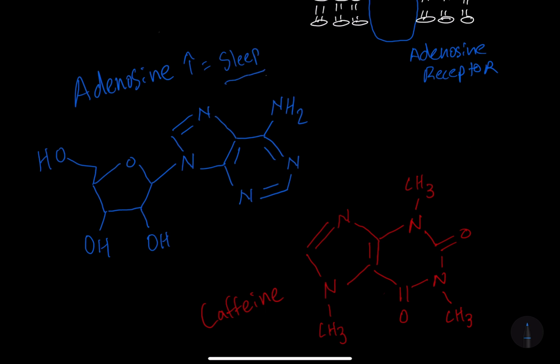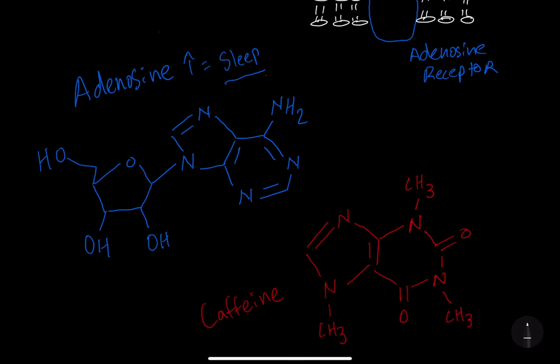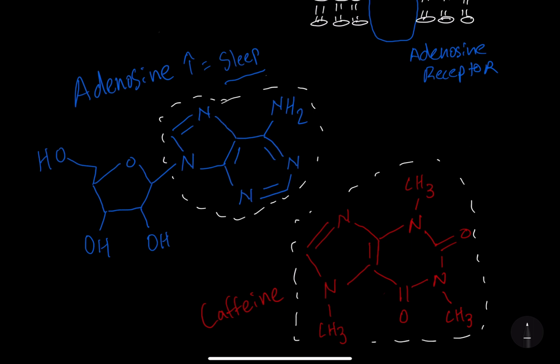Okay. So what's interesting here is if you look chemically at the structure, see the similarities between that ring structure on adenosine and the ring structure of caffeine. That's called a methylxanthine, right?